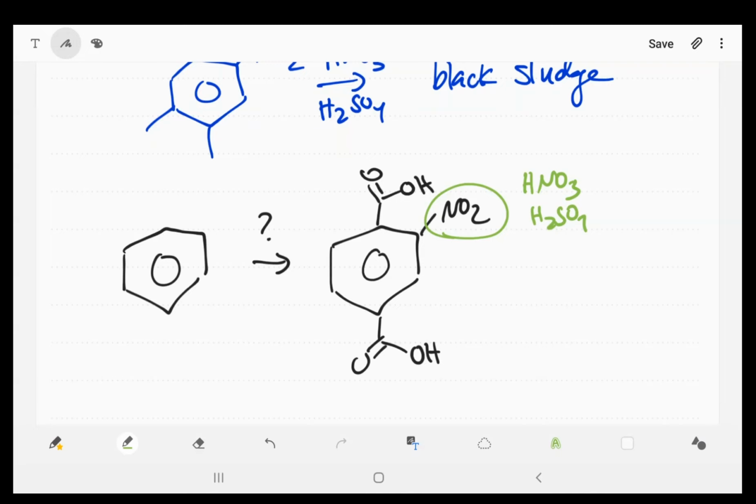But how do we go from an alkyl group to a carboxylic acid? Something we looked at last chapter, perhaps? Something on your last exam, perhaps, as well? I was going to say, ozonolysis.